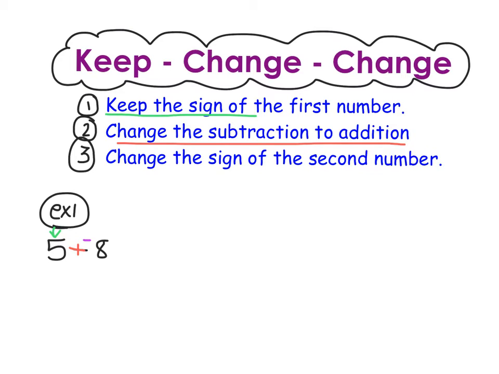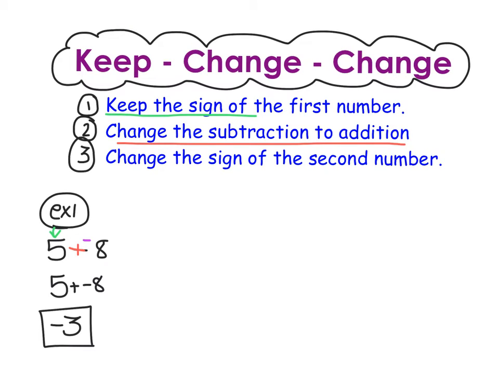So we have really turned this subtraction problem of 5 minus 8 into 5 plus negative 8. They are the exact same thing, but the only difference is that we've rewritten it as addition, so we can now use our addition strategies, and we can use our number line to help us. And 5 plus negative 8 is negative 3.